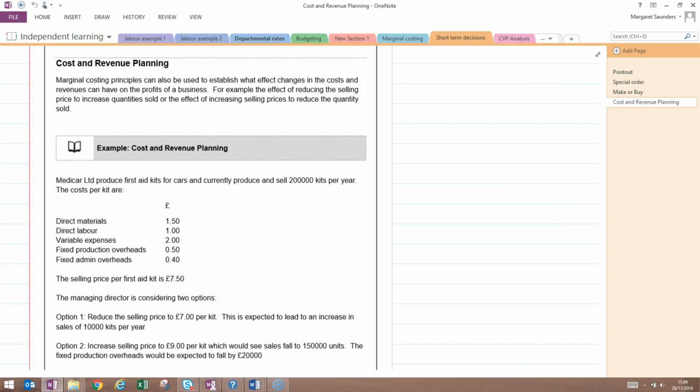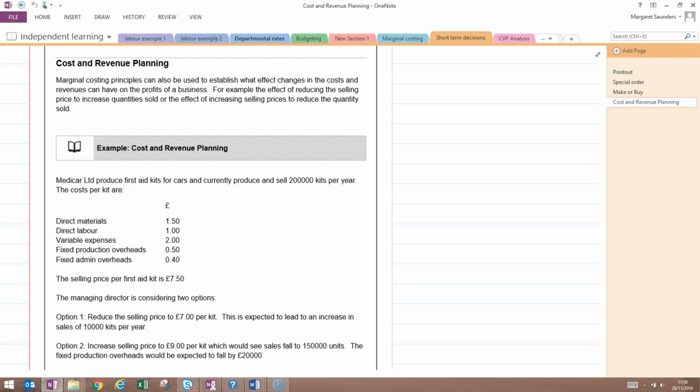Now with cost and revenue planning, what we're looking at is the effect it will have on the profit of a business if we were to consider reducing selling prices so that we could increase the quantity sold, or maybe should we increase our selling price, which would reduce quantity sold, but would it improve our profits? And we're going to work through this example to see the effects of changing selling prices.